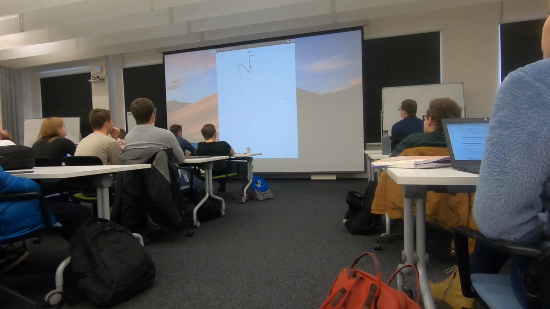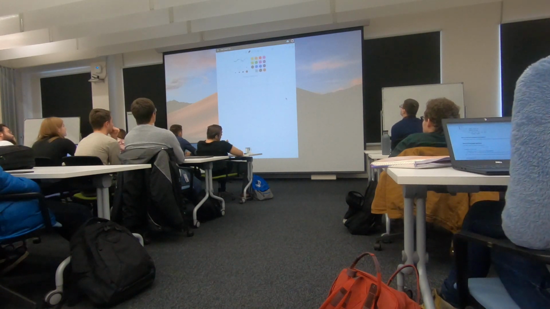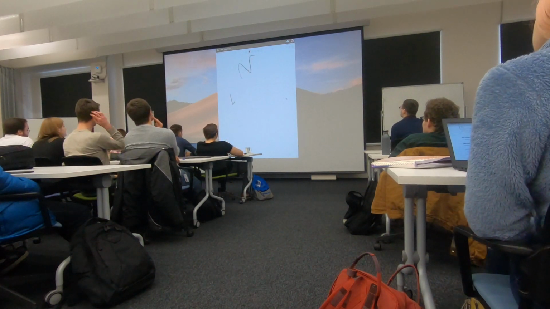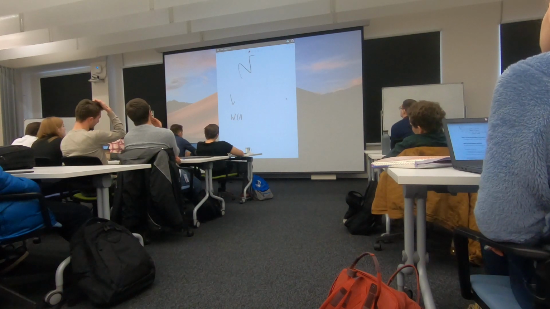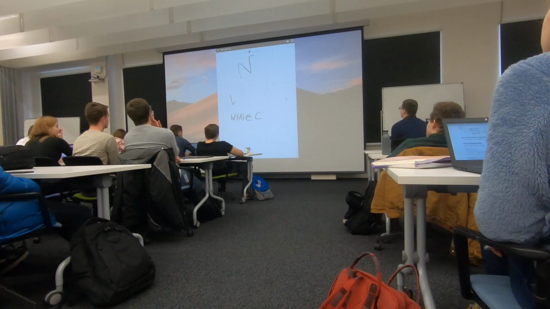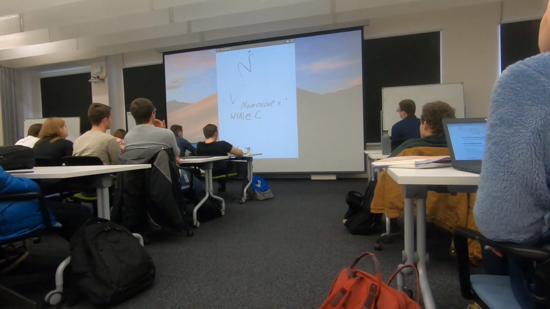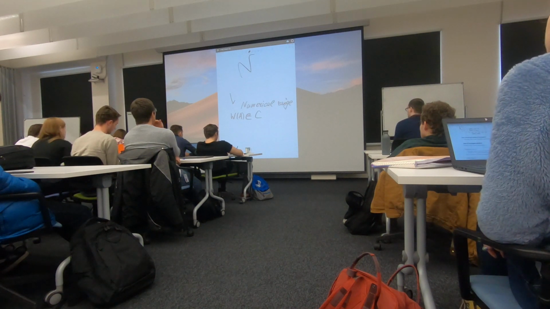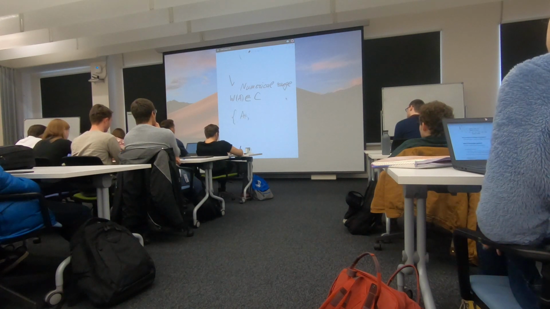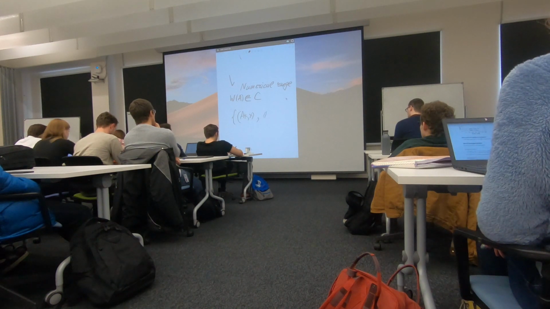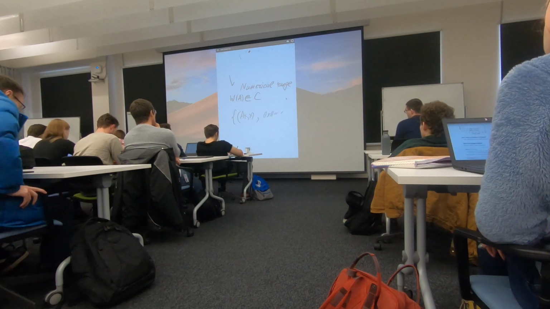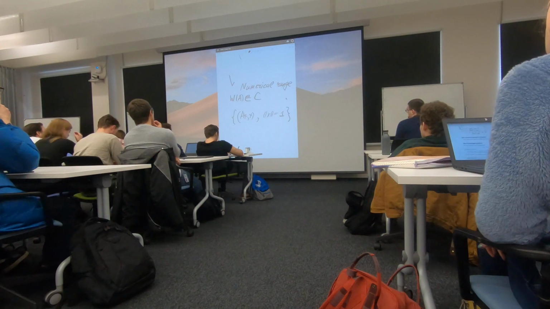The numerical range of the matrix is a set in the complex plane. It's the set of all possible values of the quadratic form.